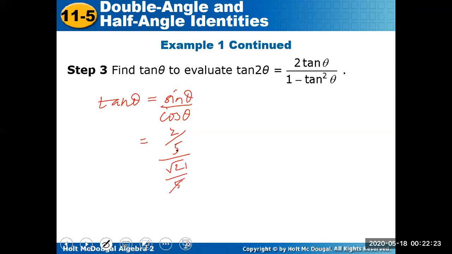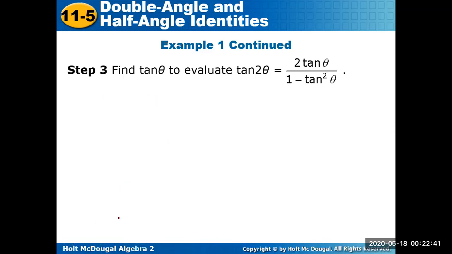So 5 and 5 will cancel. The answer will be 2 over root 21. This is the value of my tan theta.